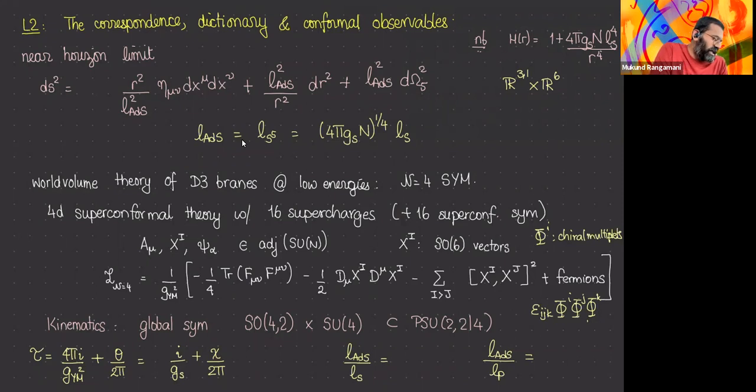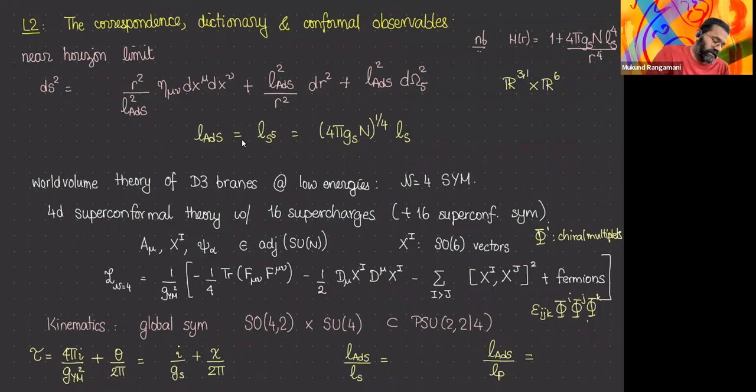We have the length scale of the AdS space-time, but we also have 2 other length scales in the problem. One is a natural length scale seen by strings, the string scale, but another is the scale at which quantum gravity effects are important, which is the Planck scale in 10 dimensions. I already told you that the AdS scale is determined in terms of the string scale.